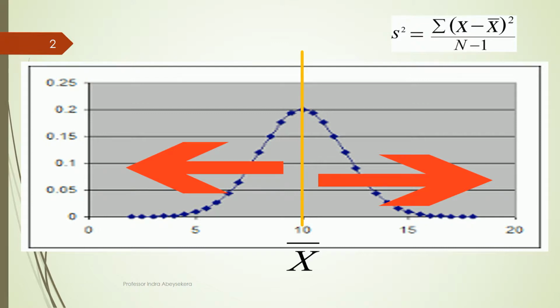Once we have done it, we divide that by the sample size minus 1, or the degrees of freedom, and that's called the variance in a given variable.